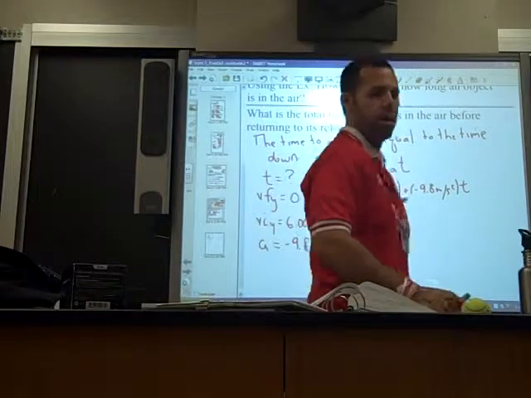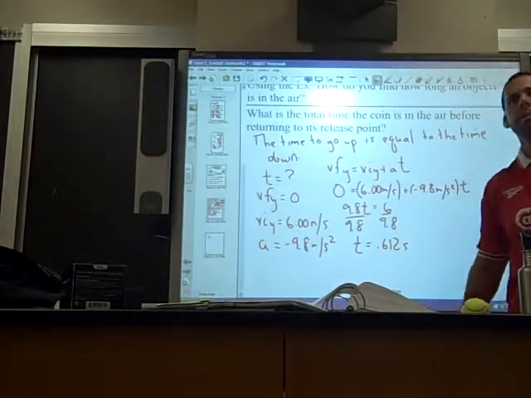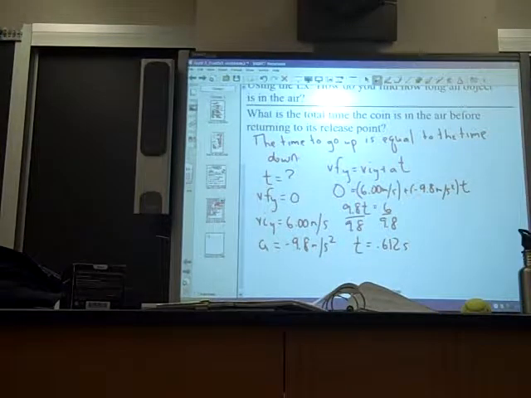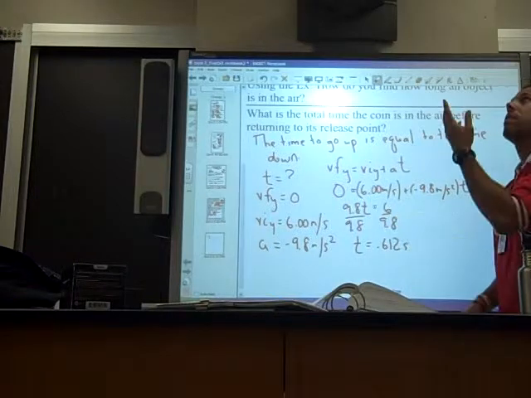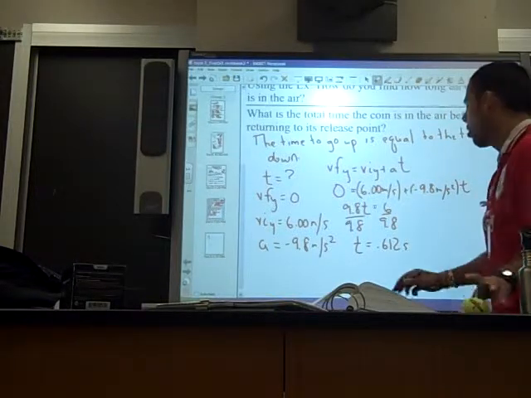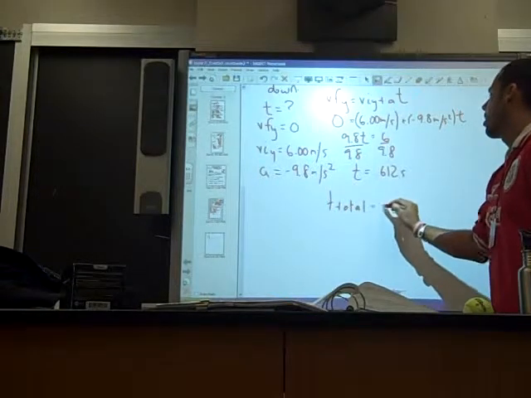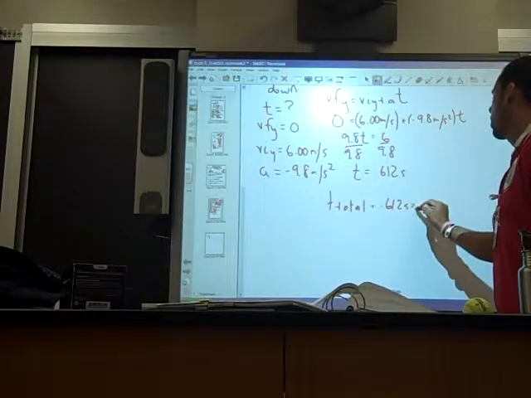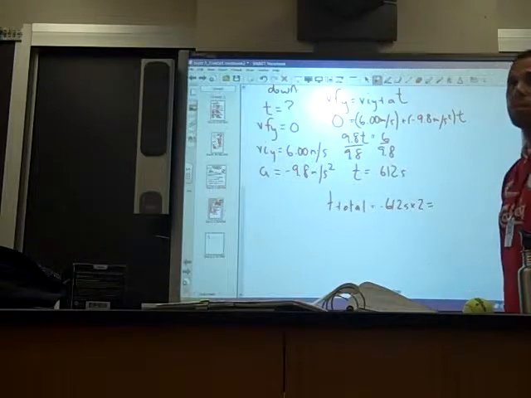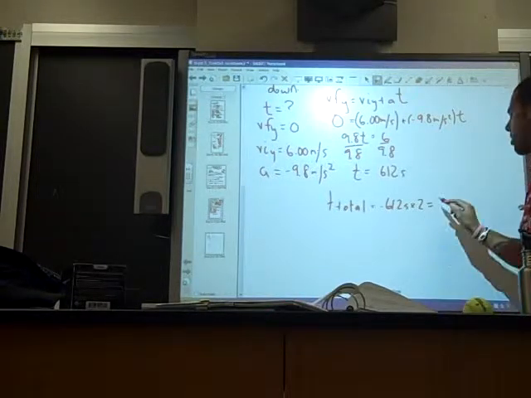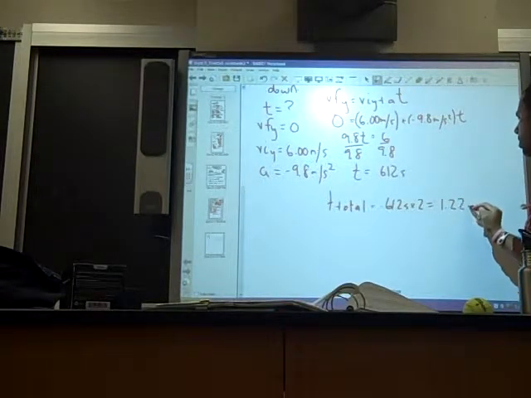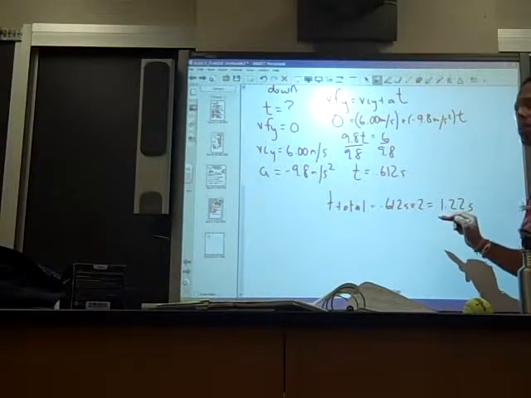Is that my answer? No, that's just the time it took to go from my hand to max height. So to get total time, t total equals 0.612 times 2, and that rounds to about 1.22 seconds.